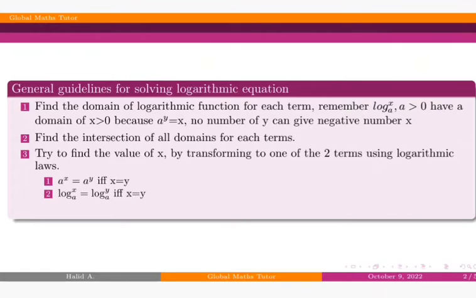The first one is changing the logarithmic functions to exponential form. For example, if a to the power of x equal to a to the power of y, this can be satisfied if and only if x is equal to y.